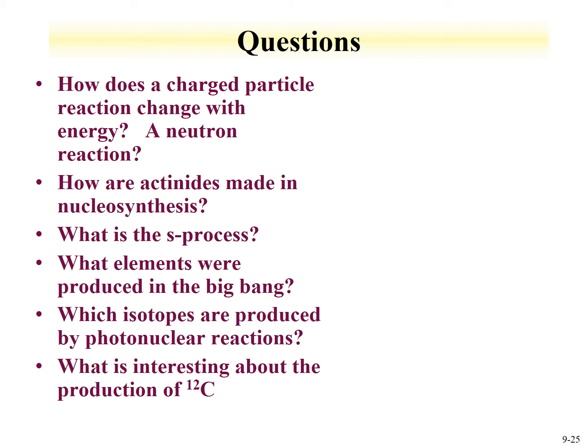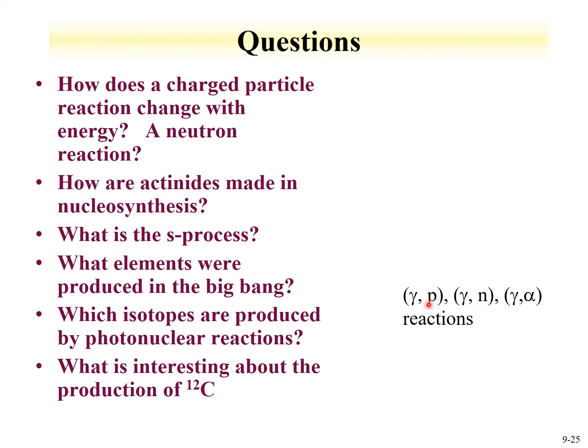We also discuss other aspects of nucleosynthesis, such as which elements were produced in the Big Bang, the lightest three primarily being hydrogen. What isotopes are produced by photonuclear reactions? And that's actually a question that basically says, well, what's your target? Because these are your primary photonuclear reactions, where a photon can react with a target nucleus releasing a proton.